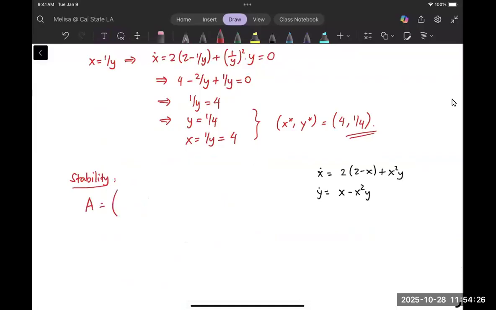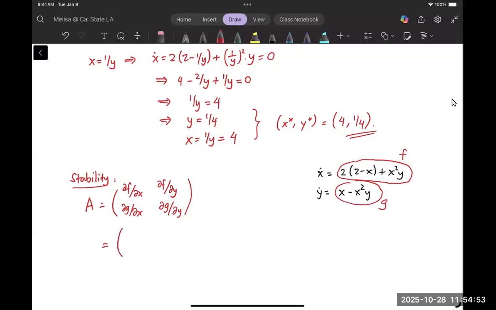This is partial of f with respect to x, partial of f with respect to y, partial of g with respect to x, and partial of g with respect to y. Right, so this is your f, and this is your g. All right, what is partial of f with respect to x?